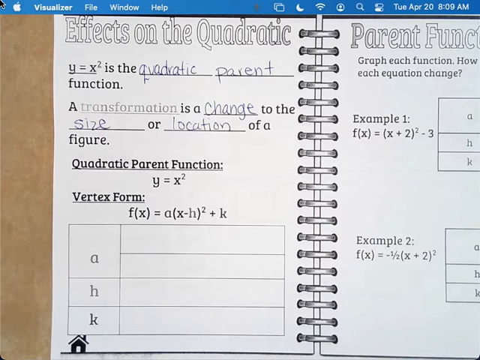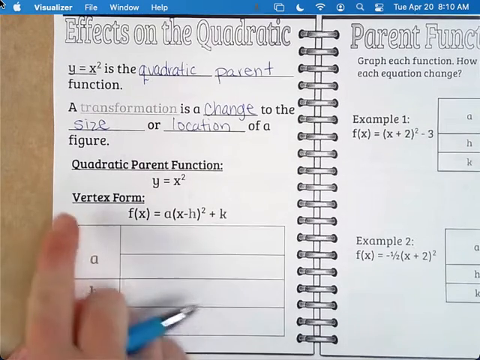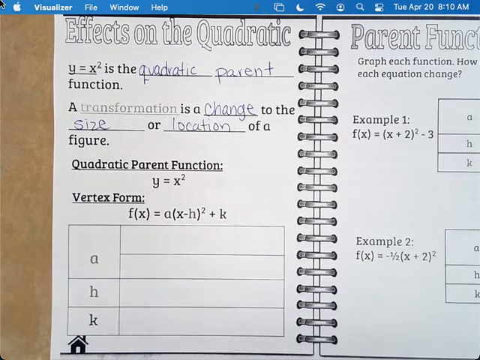We have the quadratic parent function y equals x squared. If it's written in vertex form, we can use the a, the h, and the k to determine what the transformation was.